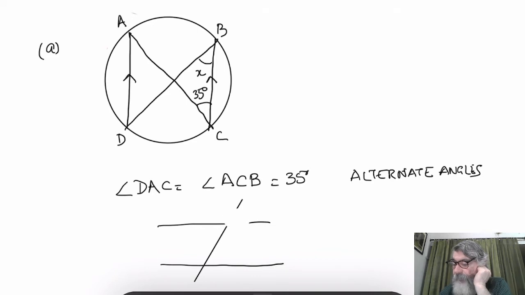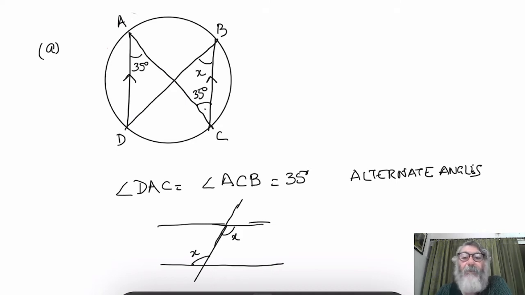Like if this is angle X, this will also be angle X. These are alternate angles, on the two sides of the cutting line. Here the lines AD and BC are parallel and AC cuts them. So if this angle is 35, then this angle will automatically become 35, alternate angle.